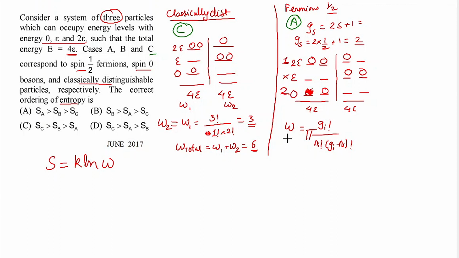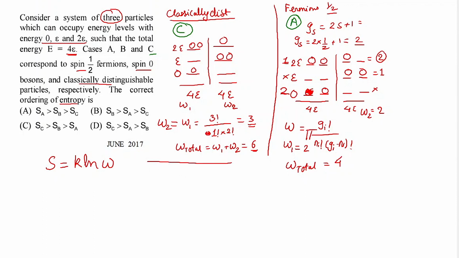So if we say W1, then W1 will be total 2 ways. Similarly for W2, now this is empty. Over here the number of ways is only 1, and over here the number of ways will be 2. So W2 will also be 2, and W total will be 2 plus 2, that is 4.